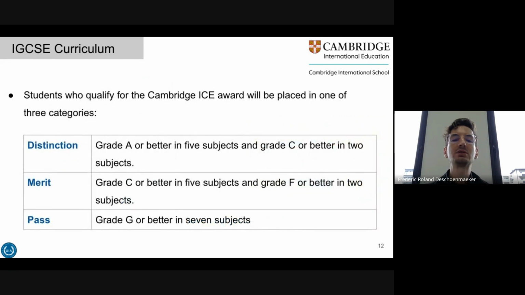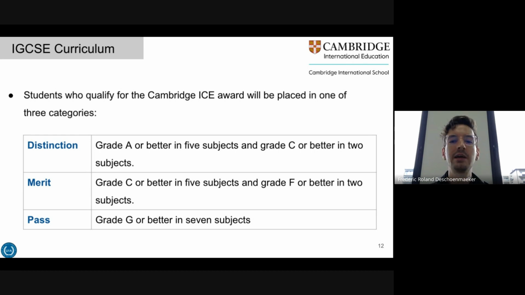Yes, then back to the ICE award. This award has 3 levels, 3 categories, from the highest distinction to the lowest, if I may say so, pass. Depending on the grades for all subjects and also the percentage, they will be awarded a distinction, merit, or pass. For example, distinction is a grade A or better.